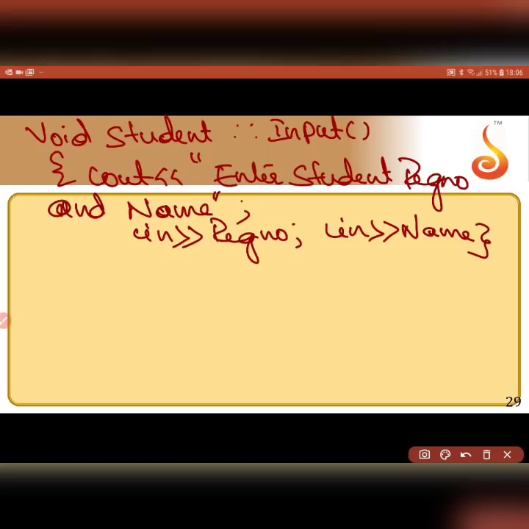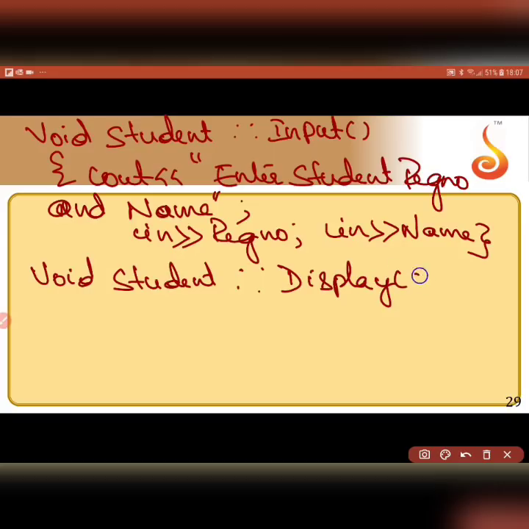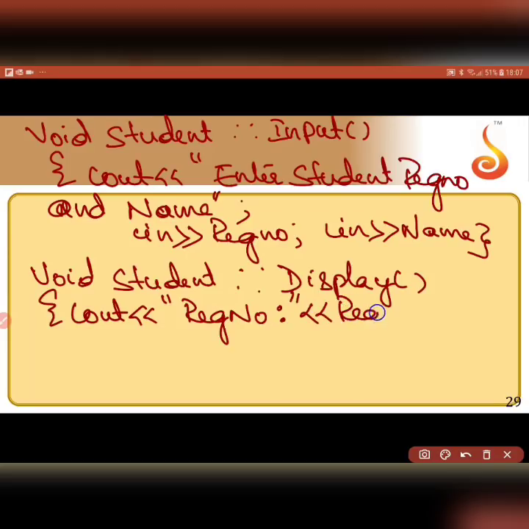The next one is the display function. Void student, scope resolution operator and display. Cout REGN registration number, cout enter name.